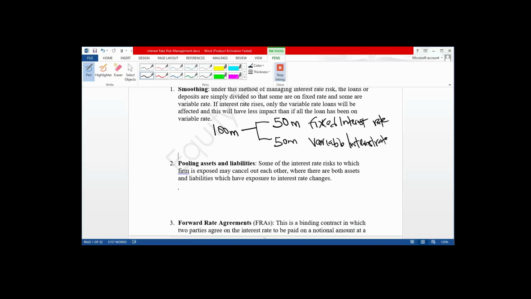Some of the interest rate risk to which a firm is exposed may cancel out each other, by pooling together assets and liability which have the same exposure to interest rate changes.